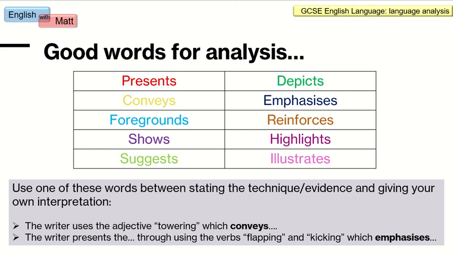So I would also encourage students to revise some of these words to use in your analytical questions, mainly questions 2, 3, and 4 for paper 1, and questions 3 and 4, and also probably question 2 as well for paper 2. So use them, they're quite useful.